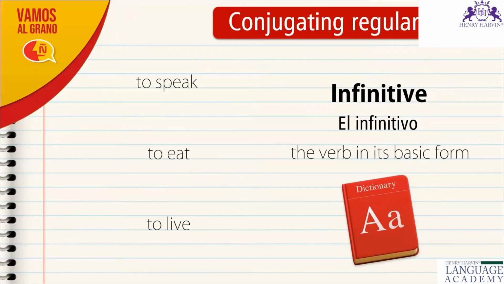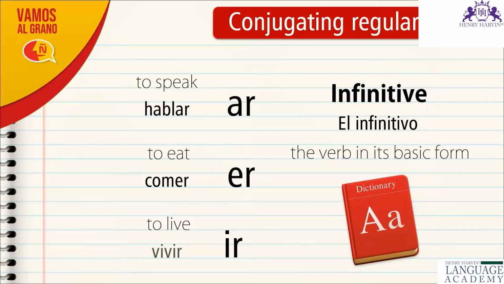In Spanish, the infinitive form of both regular and irregular verbs can have one of three possible endings: verbs ending in ar, like hablar, verbs ending in er, like comer, and verbs ending in ir, like vivir.